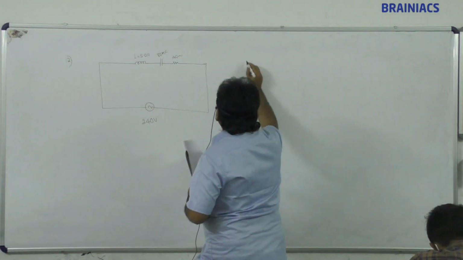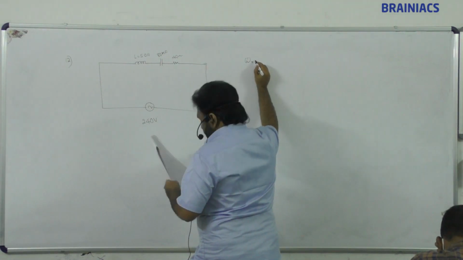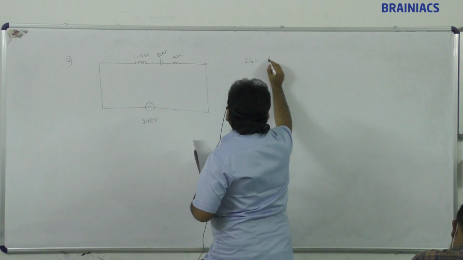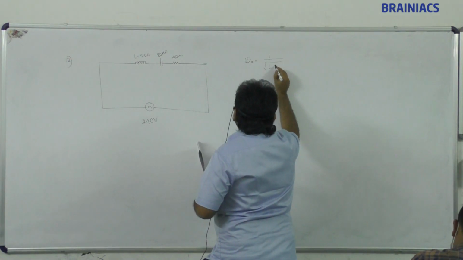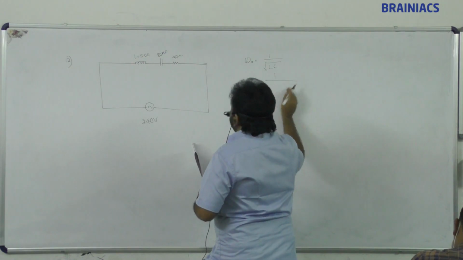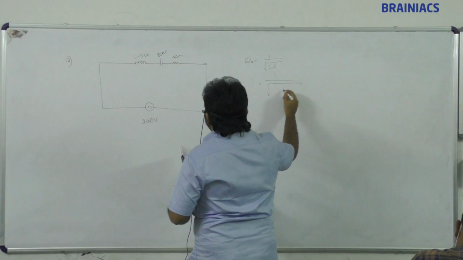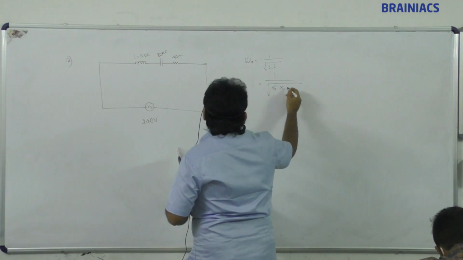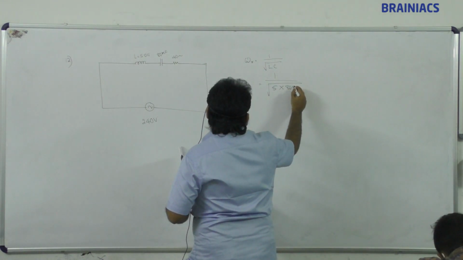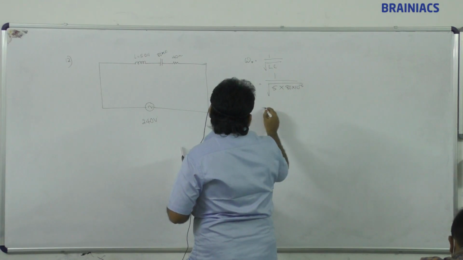Frequency, omega R is what they have asked. That is nothing but 1 by root LC. Resonant frequency is nothing but 1 by root LC. So 1 by root of what is L? 5. What is C? 80 into 10 raised to minus 6.